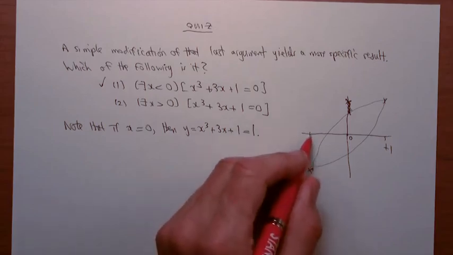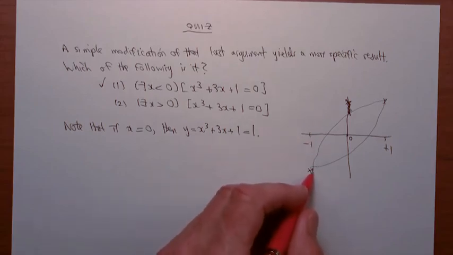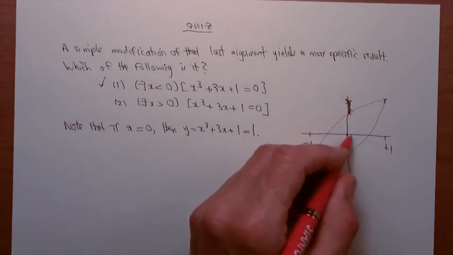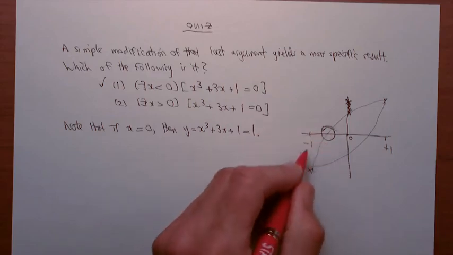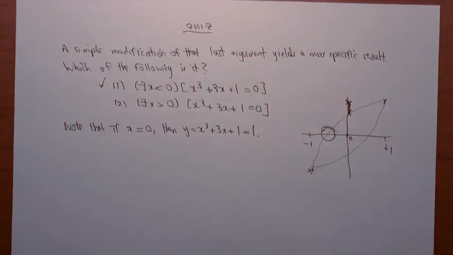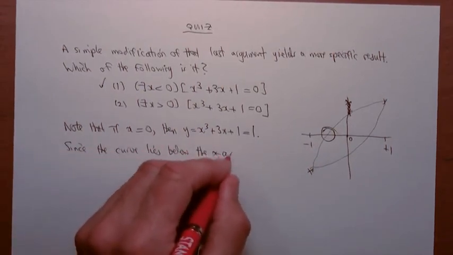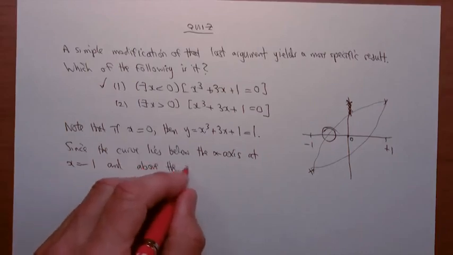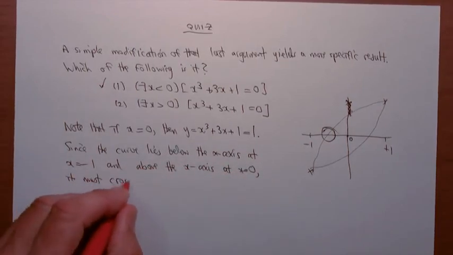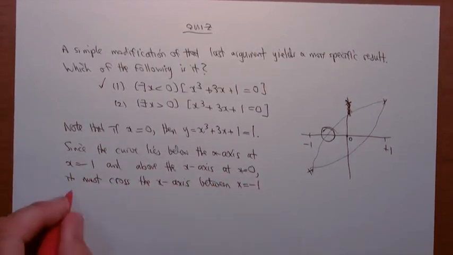Which means it's negative at -1, it's positive at 0, so it's somewhere between -1 and 0 that it crosses the axis. Since the curve lies below the x-axis at x equals -1, and above the x-axis at x equals 0, it must cross the x-axis between -1 and 0.